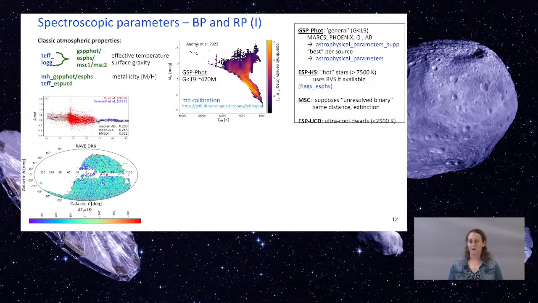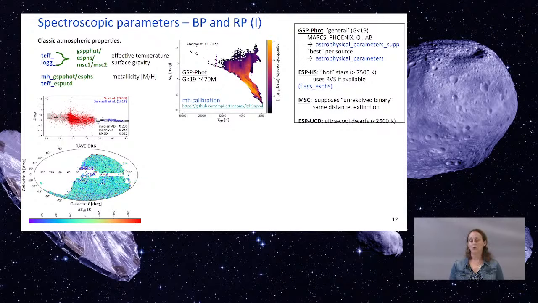The top left panel is a comparison with the asteroseismic surface gravities. For the main sequence stars, which are the blue, you can see there is excellent agreement with the asteroseismic values. For the giants, the precision is worse, but this is also expected. These are giant stars, which are harder to derive.